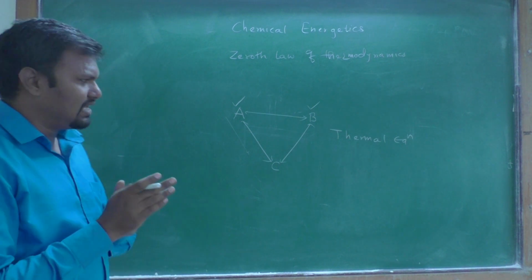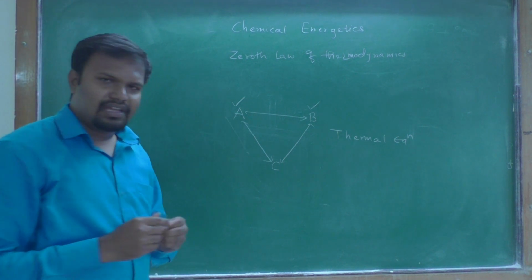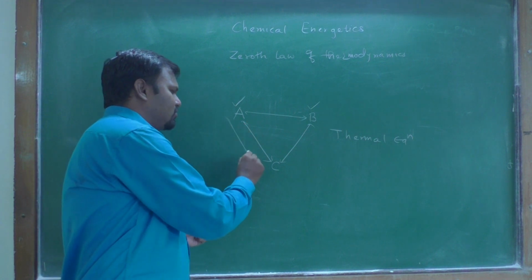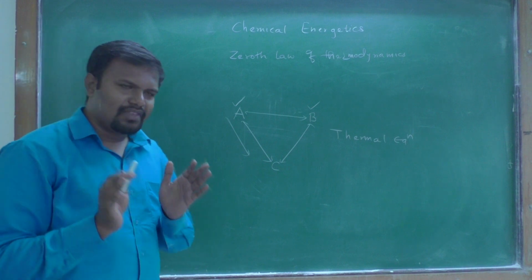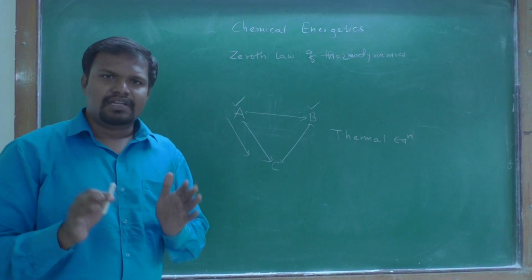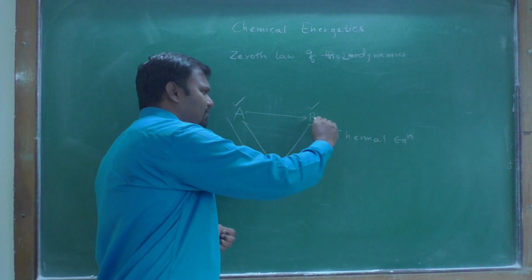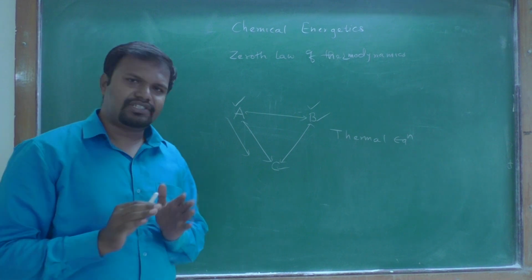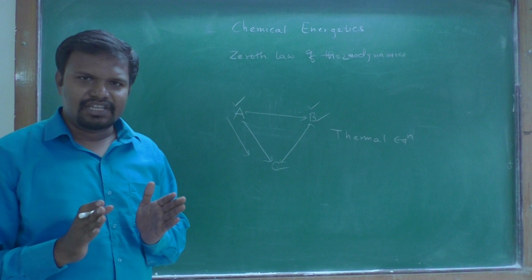In other words, if the temperatures of A and C are the same, then no thermal energy flows from A to C or C to A. Both have the same temperature, isn't it? Also, if B has the same temperature as C, it means B and C are in thermal equilibrium with each other.